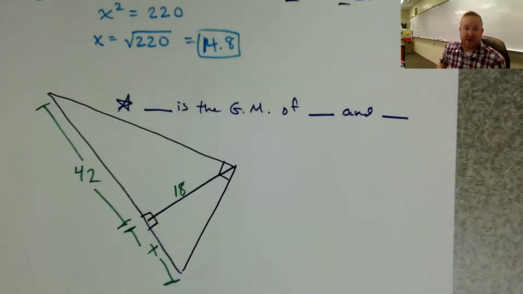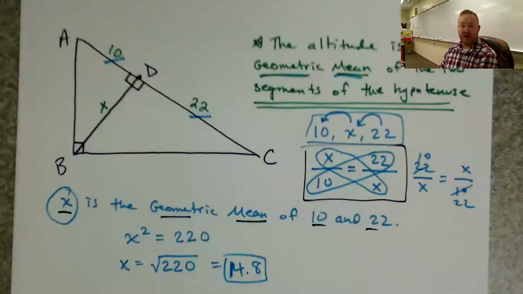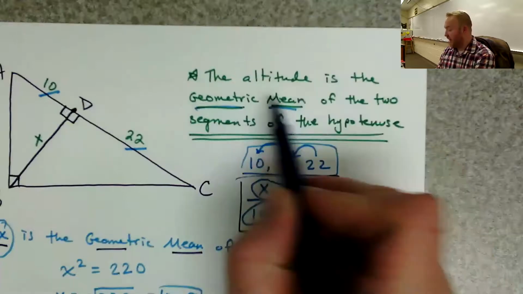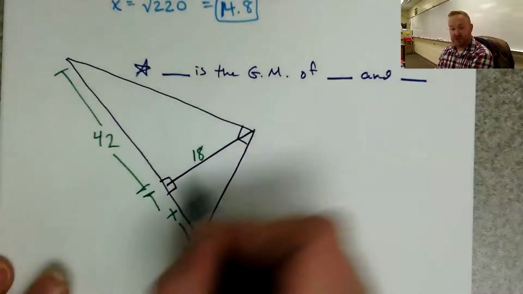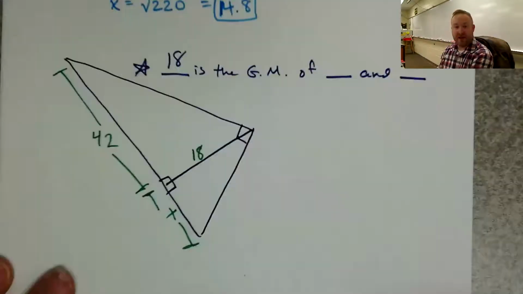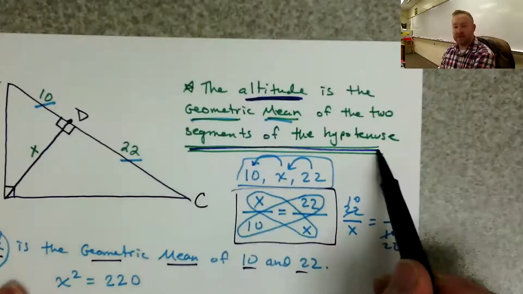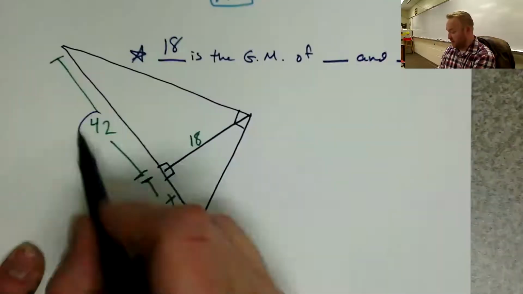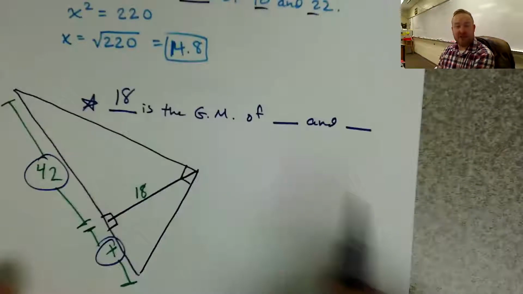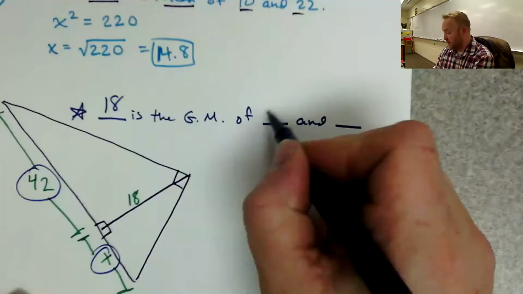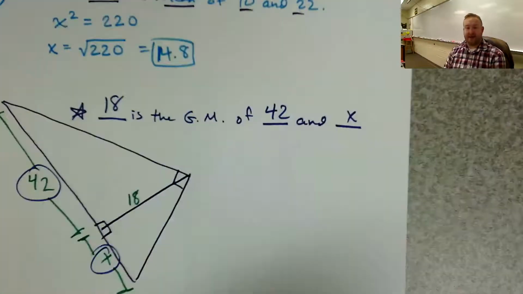What number is the geometric mean of what other numbers? And what we've learned here is that it is the altitude that is the geometric mean. Here, my altitude is 18. The altitude is the geometric mean of the segments of the hypotenuse. And here that's 42 and X. So 18 is the geometric mean of 42 and X.